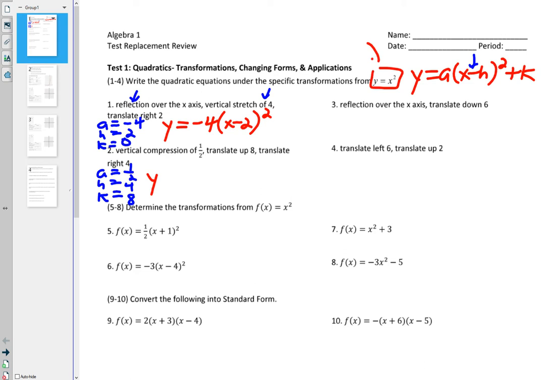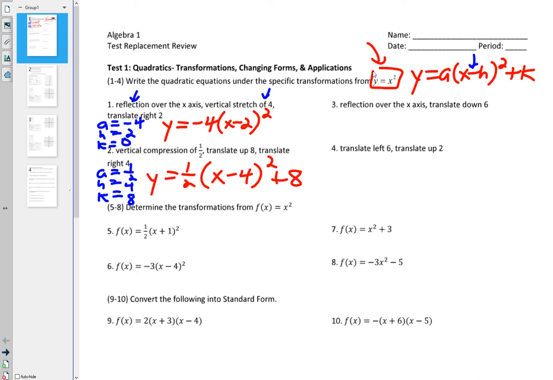Since they wrote it as y equals, I'm going to leave it as y equals 1/2(x minus 4). Don't forget the square. Plus 8.